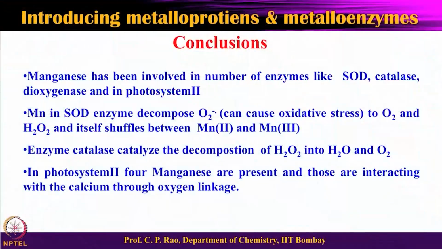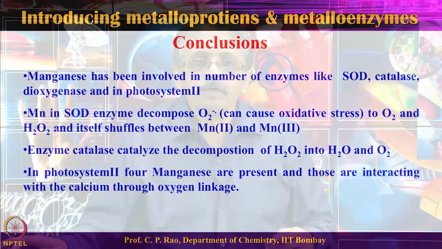So, overall what we have seen in the manganese story, manganese has a large number of oxidation states, but we see that the important ones are 2 plus, 3 plus, 4 plus, very rarely maybe 5 plus. 5 plus and beyond are not too oxidative in nature, and below 2 plus are too reducing in nature, therefore, these are not.